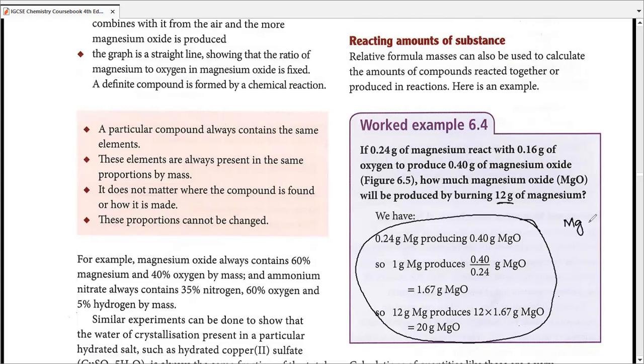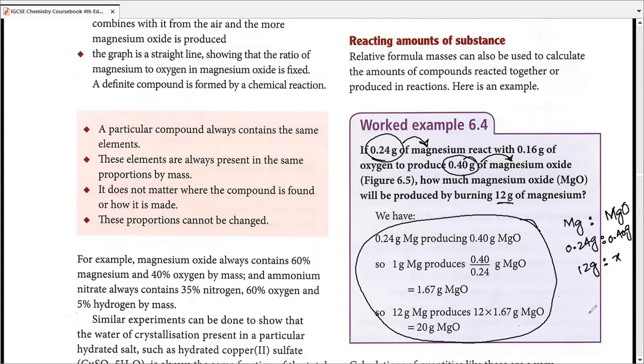So magnesium produces magnesium oxide. So we can pick any one of these. If magnesium used is 0.24 grams, and it produces 0.40 grams of magnesium oxide, what if I use 12 grams of magnesium? What's the answer over here?